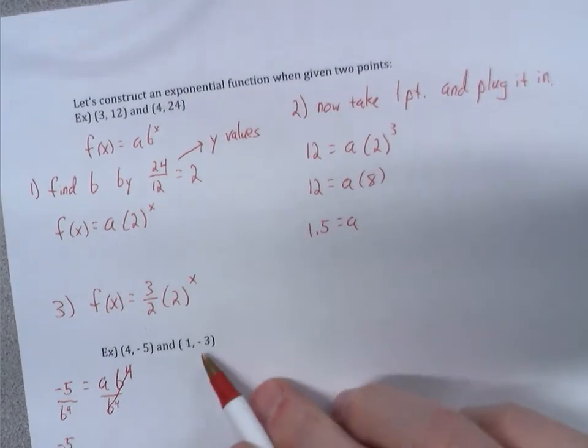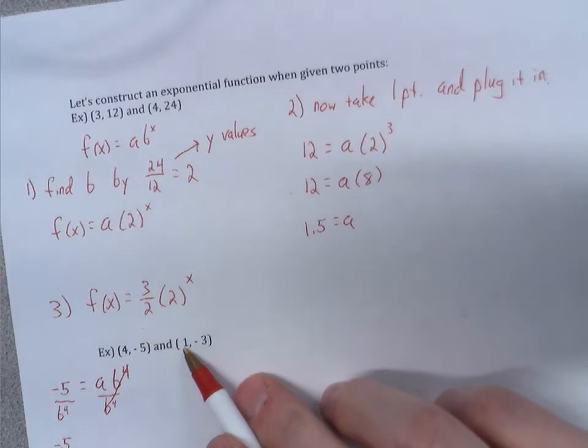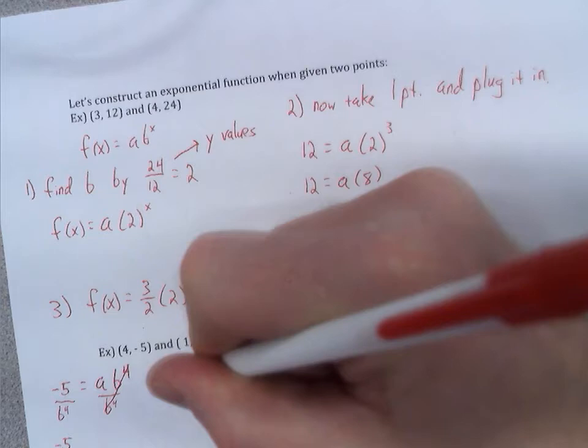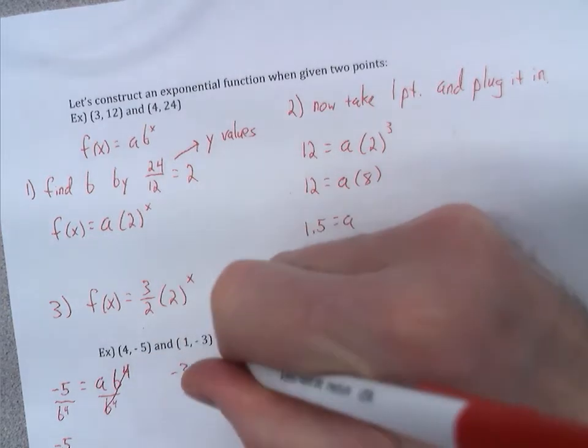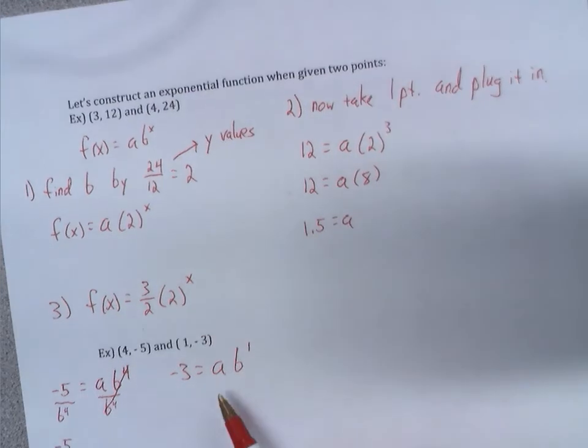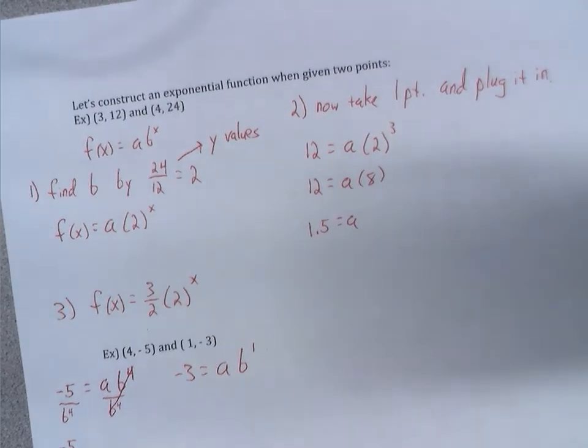Now I'm going to set up the same equation, but for this other point, I know that -3 is equal to a times b to the 1st power. What can I do with this? Well, back here, I rearranged this equation so that -5 over b to the 4th equals a.